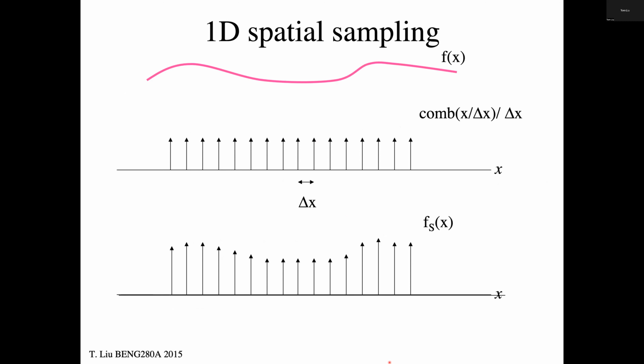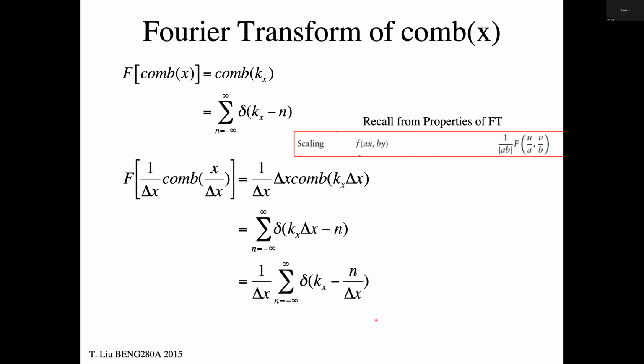Okay, we go back to our example where we had the comb function, and now we have a sampled version of the continuous function. And we're going to tell you what the Fourier transform of a comb function is, and we're not going to derive it. But interestingly enough, the Fourier transform of a comb function is a comb function, right?